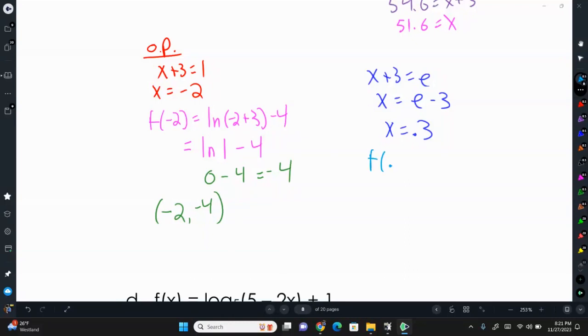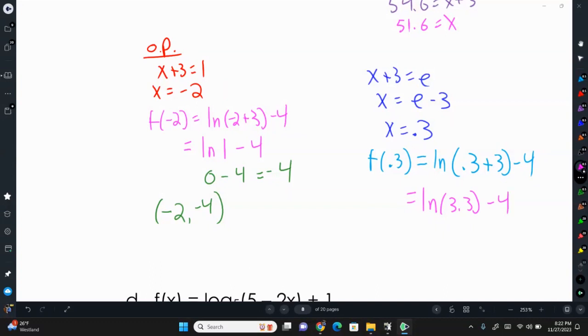So now we're going to substitute that in. So f of 0.3 is equal to the ln of 0.3 plus 3 minus 4. So we get the ln of 3.3 minus 4.